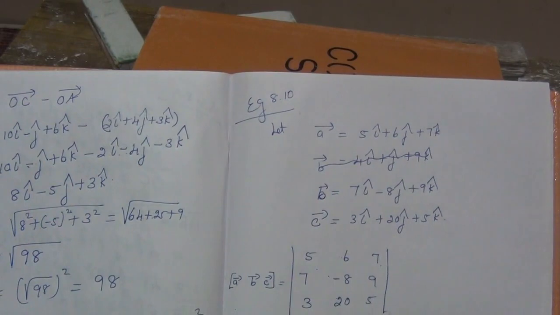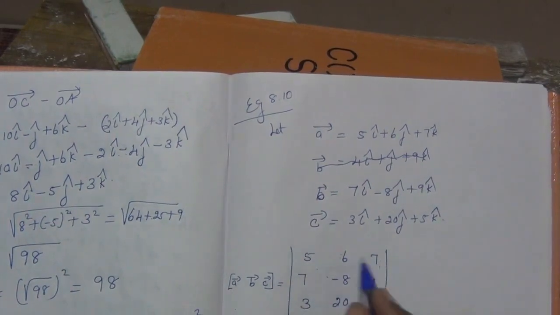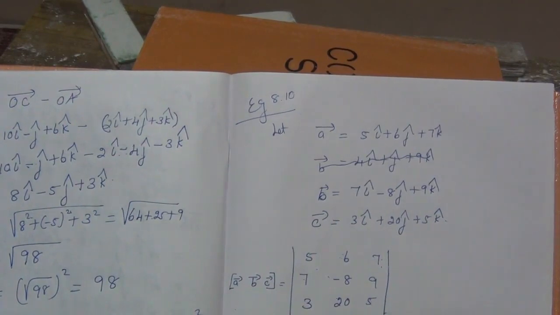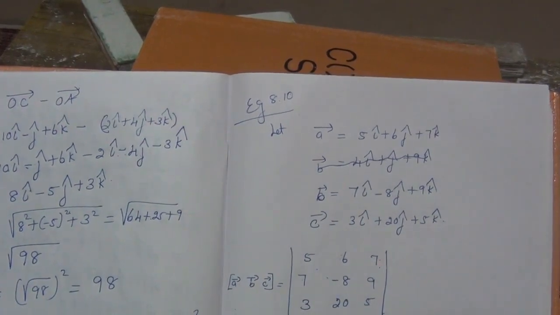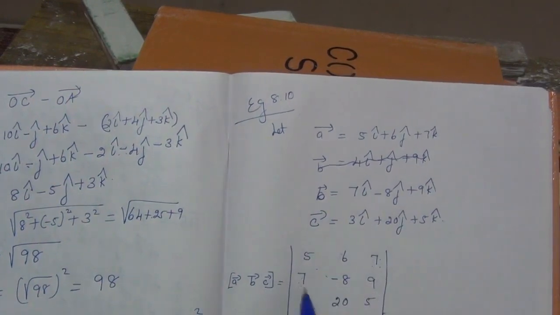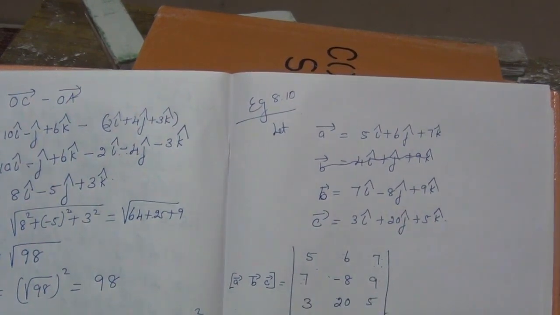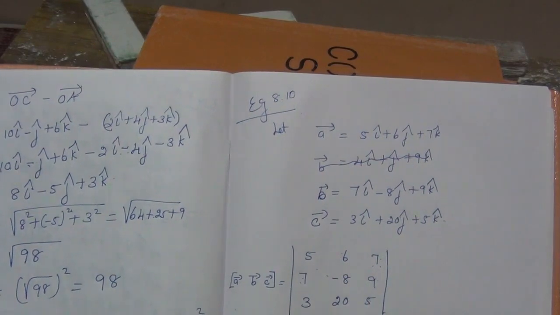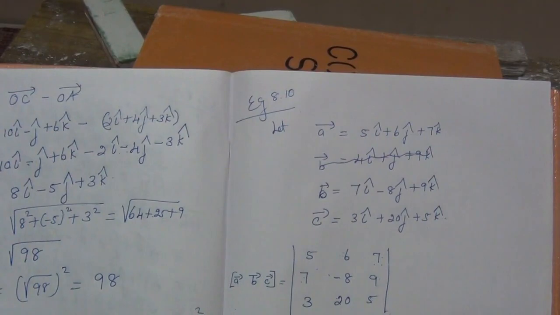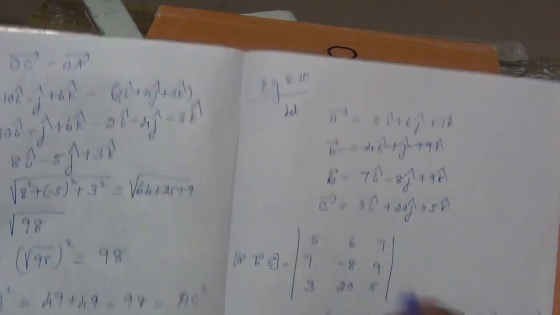Second value, minus 6, leaving that row and column: 7 into 5, 35, minus 3 into 9, 27. Last, plus 7 into 7 into 20, 140, minus 3 into minus 8, which is minus 24. Since we already have a minus here, it becomes plus 24.